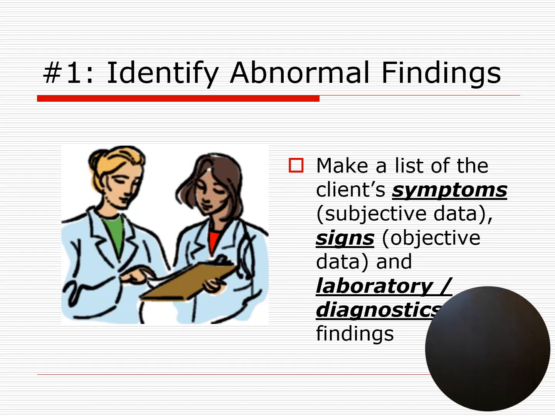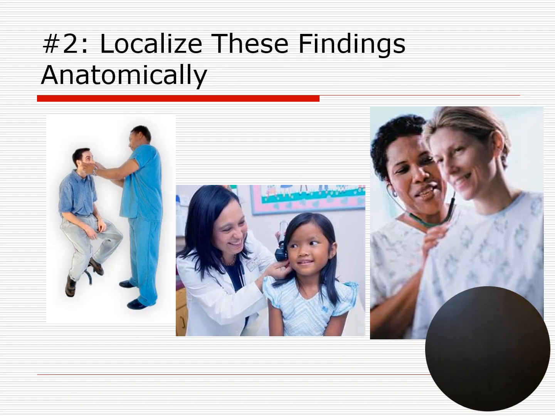Remember, your subjective data is more the story. It's what the patient tells you. Whereas the objective data, it's more of the labs, the diagnostics, and your physical findings. You then want to take that information that you receive from your patient, the abnormal findings, and then localize that anatomically.